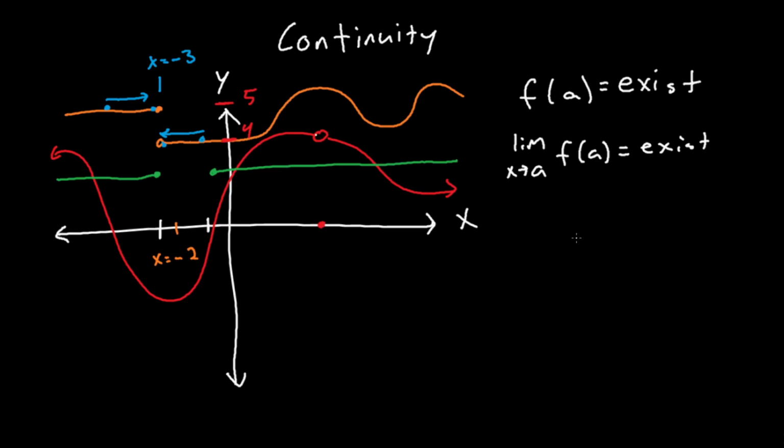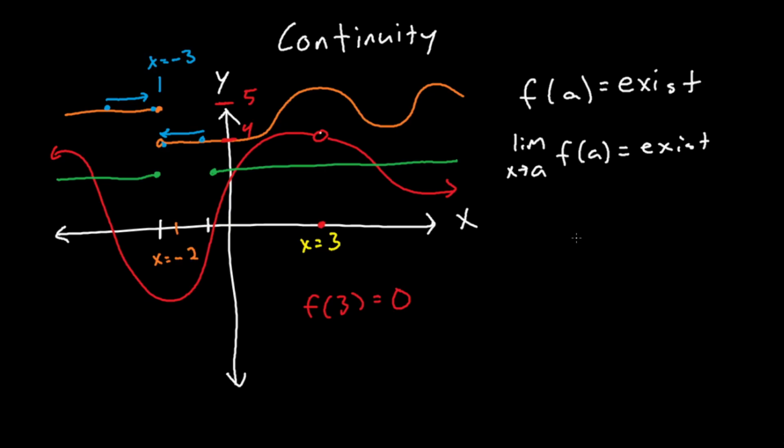This point still exists at x equals 3. So if you plug in f of 3 for the red function, you would get 0, right? Because the y value at this function is 0. There's still a point that exists here.